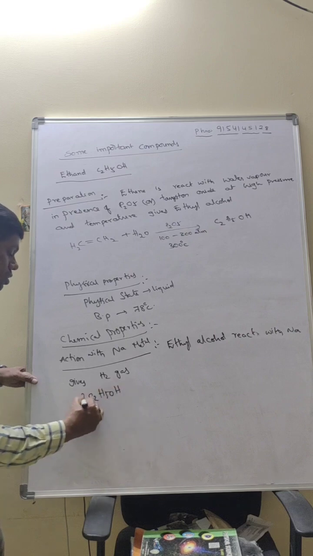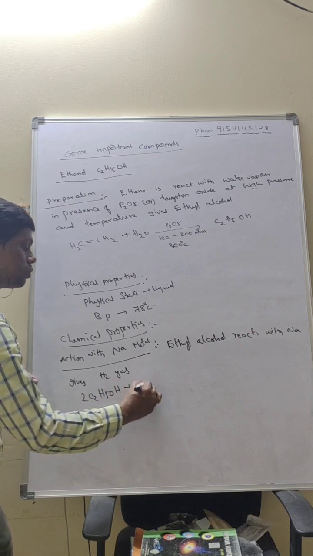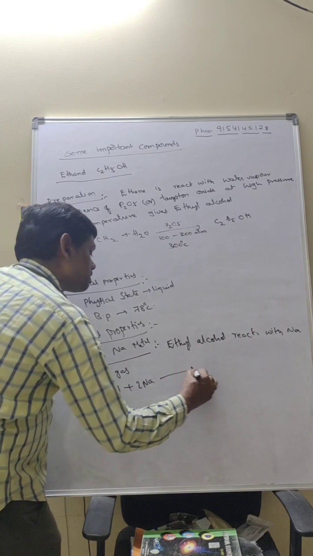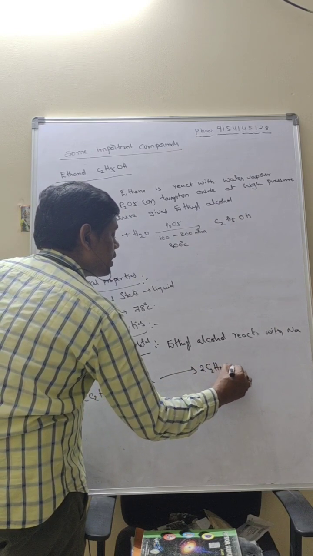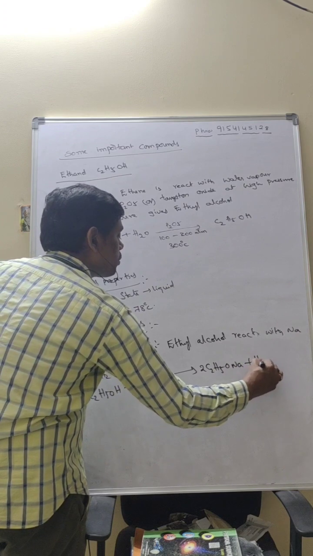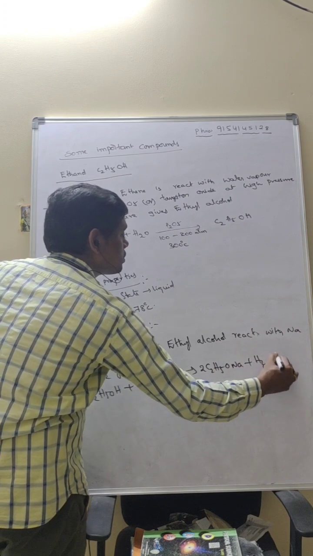C2H5OH plus 2Na gives rise to 2C2H5ONa, sodium ethoxide, plus H2 gas.